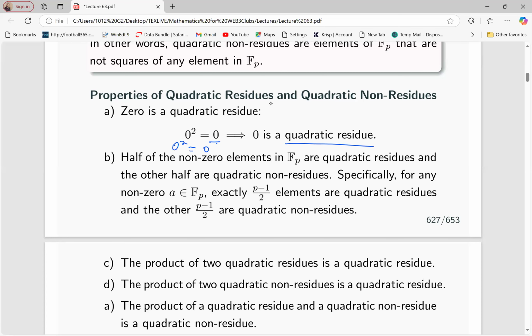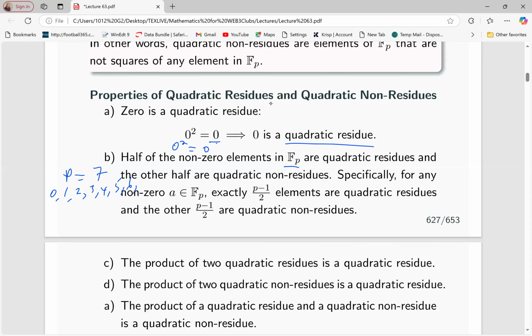Now, I've said half of the non-zero elements of F_p, that is, the field mod p, would be quadratic residues. In other words, they have square roots, and the remaining half would lack square roots. So if our p is 7, how many numbers do you have? 0, 1, 2, 3, 4, 5, 6.